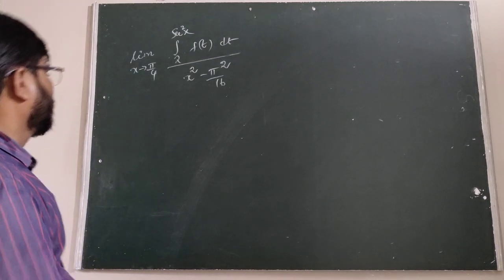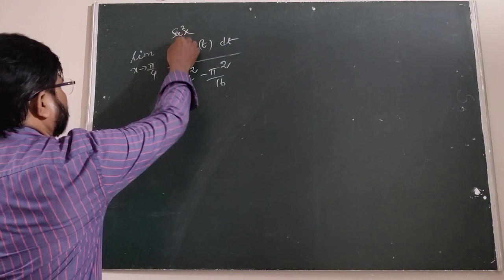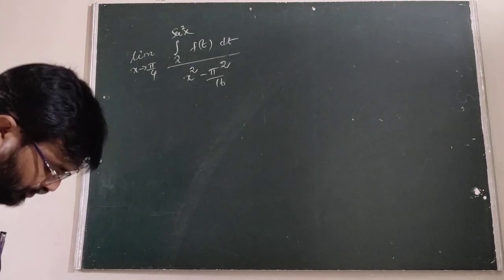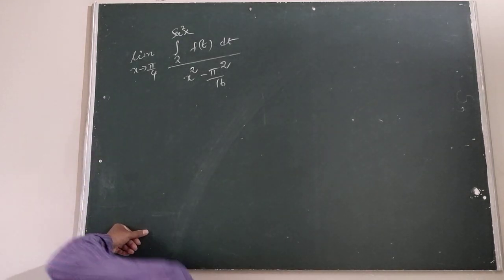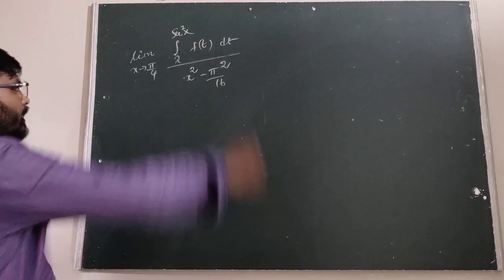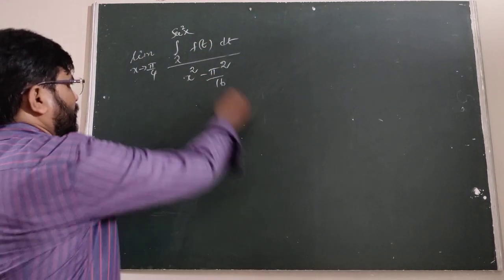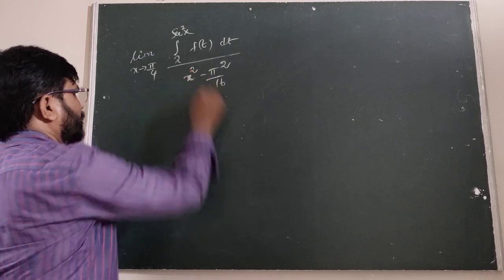All of you here, the limit x tends to pi by 4 of the integral from 2 to secant square x of f of t dt upon x square minus pi square by 16. Is it clear?